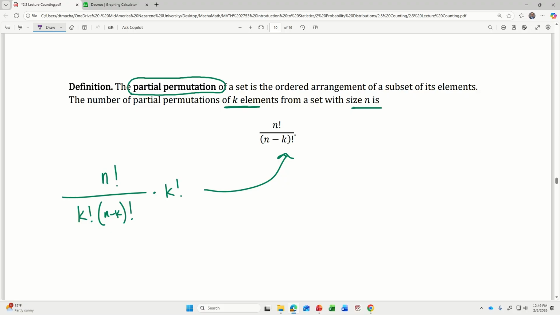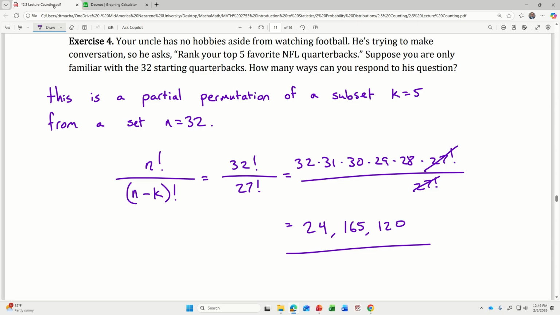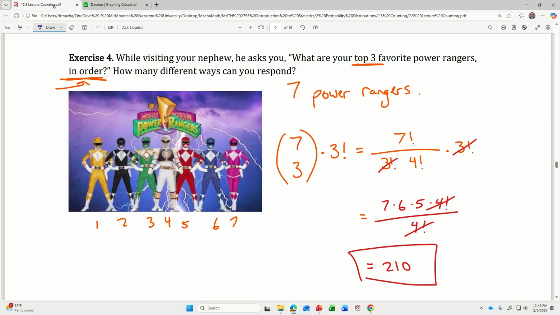And then when we place them in order, we multiply by the 5 factorial, in order to take that set of 5 and permute them. So every single time you have a partial permutation, this k factorial from the binomial coefficient down here in the denominator cancels out the k factorial in the numerator that we get from permuting it. And that's how we ended up with this formula. So it's included, it just cancels.